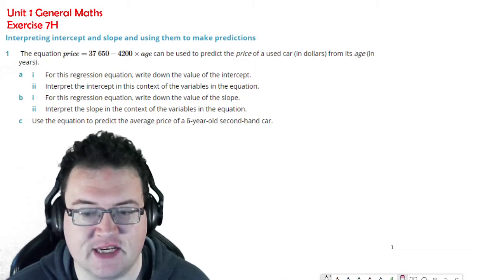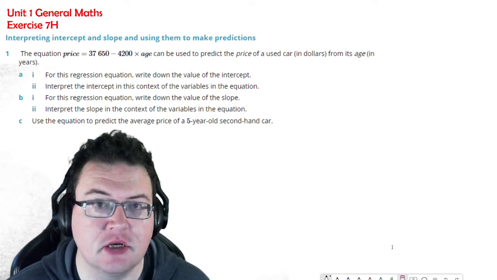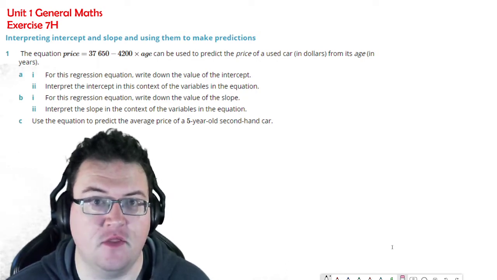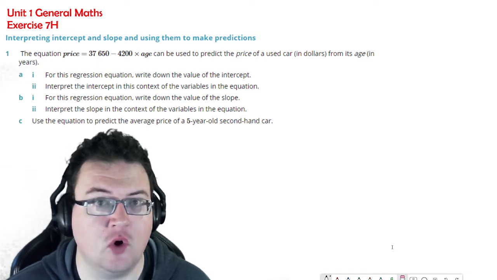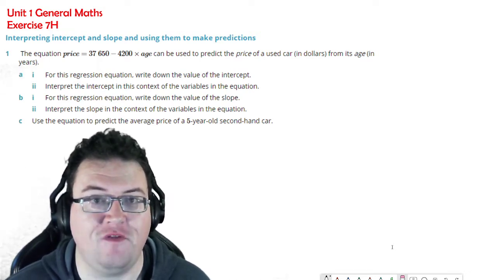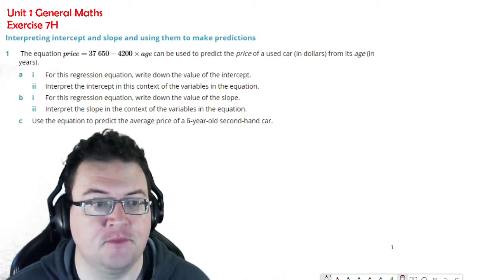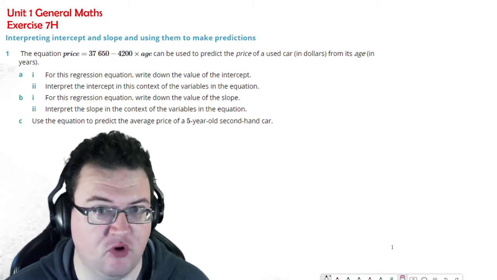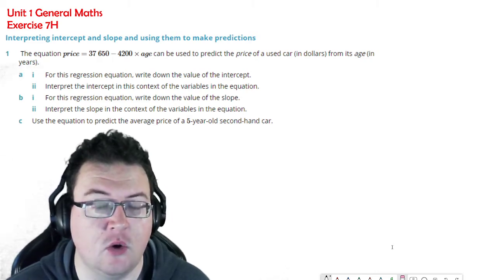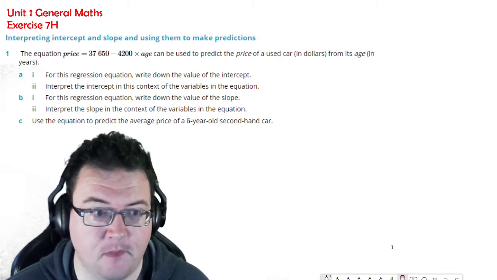When we talk about the intercept, what we're talking about is where the line crosses the y-axis. And remember, the y-intercept always takes place when the x value is 0. So in this case, what is the price going to be, because price is our y variable, when our x variable age is 0?